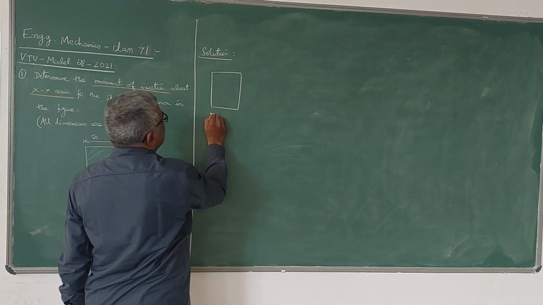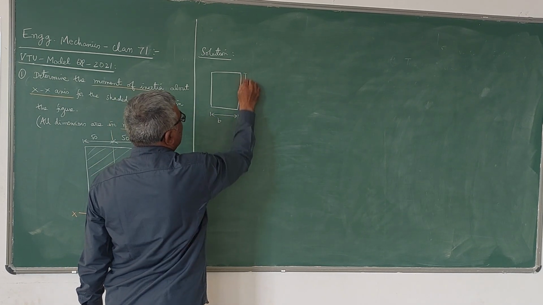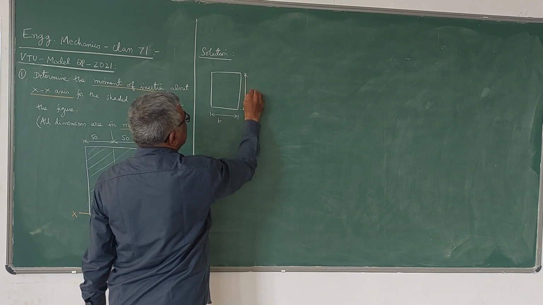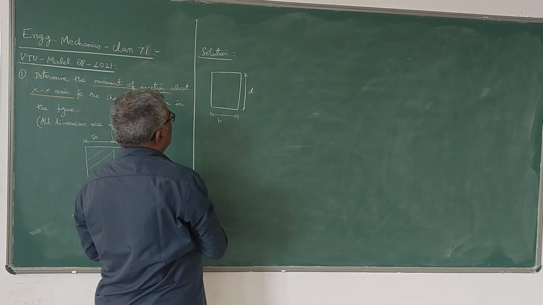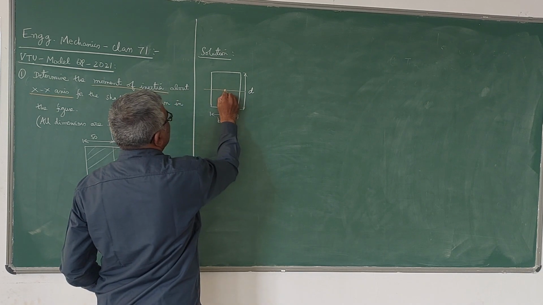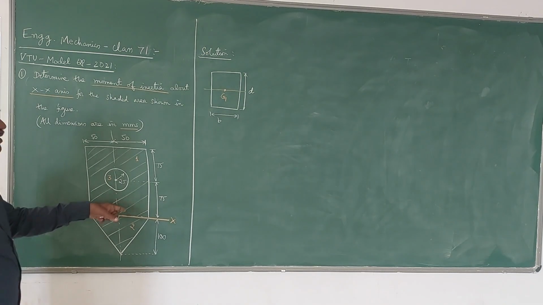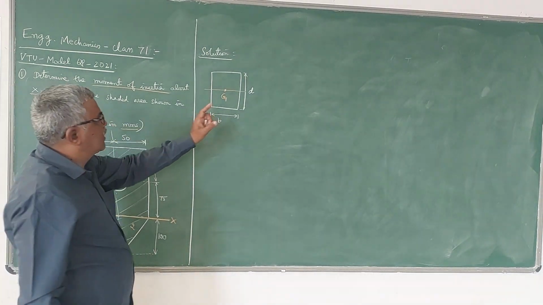For example, I will take one by one. So this is B, this is D. For a rectangular section, about its centroidal horizontal axis, suppose this is G1, because this is the rectangle, I take it as portion 1. So G1 is the centroid of the rectangular portion.